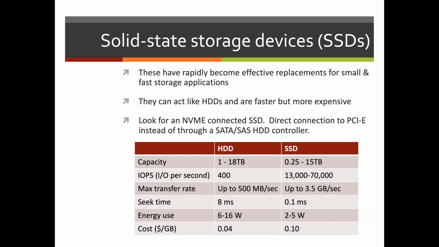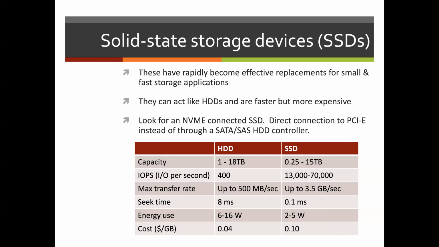I/Os per second can be 400 for a hard drive, but solid state devices can be 13,000 to 70,000. Max transfer rate is 500 megabytes per second for our hard drives, but up to 3.5 gigabytes per second for our solid state devices.